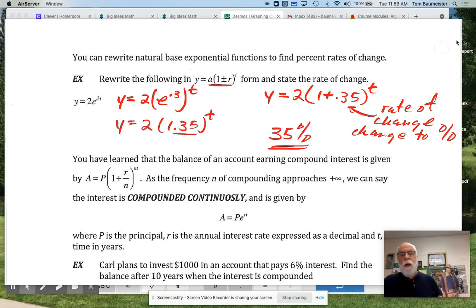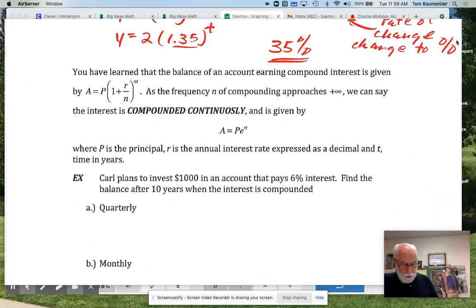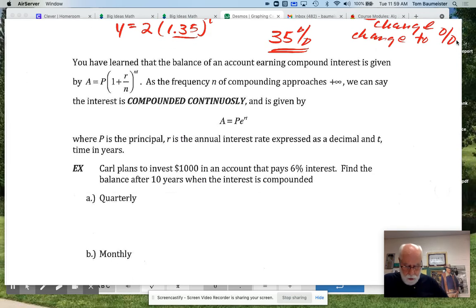And then you have learned that the balance of an account earning compound interest is given by A is equal to P times (1 plus r divided by n) raised to the nt power.